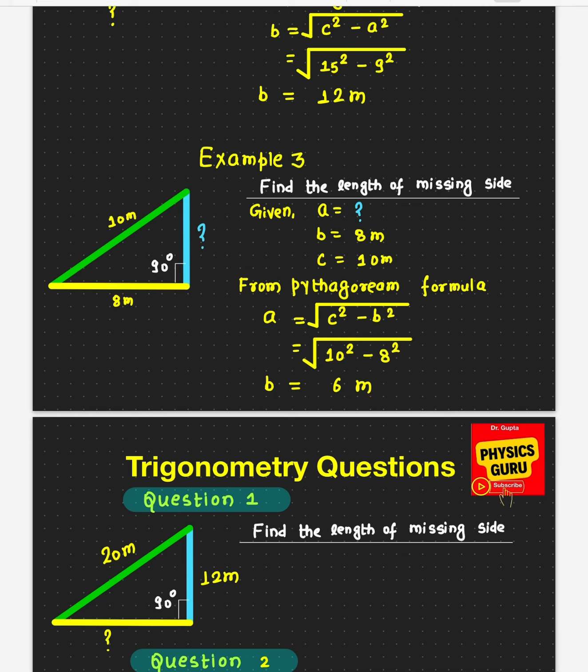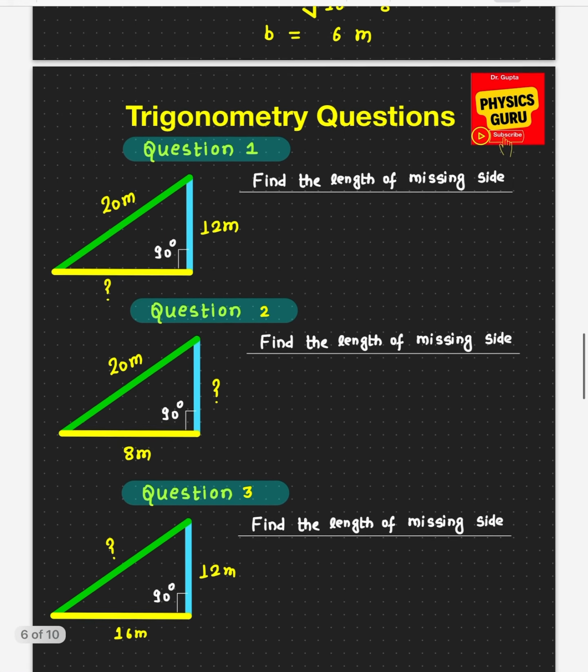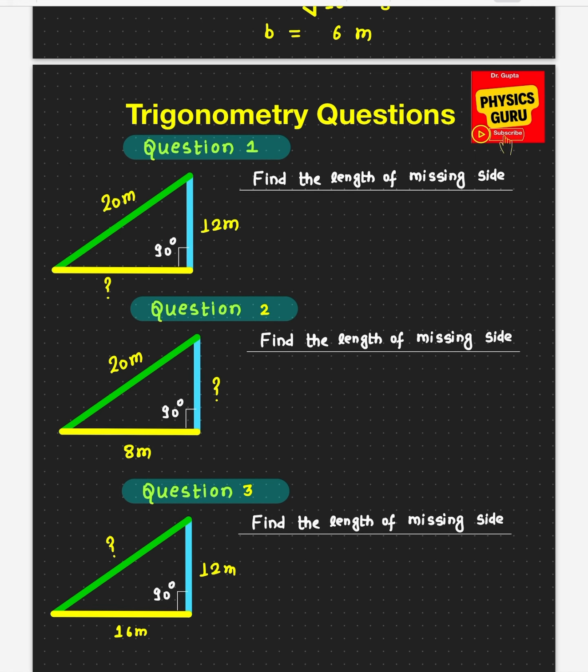So now, in order to test your understanding, you have to go through these questions here and write down the answer for each question in the comment section below. You must do this. Okay. So here in this right angle triangle, these sides are given, and write down question number 1, answer, and your number here.